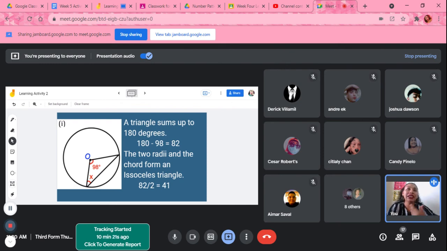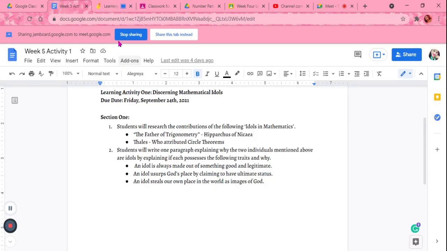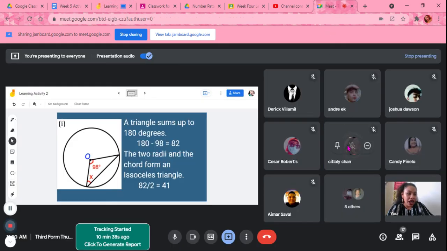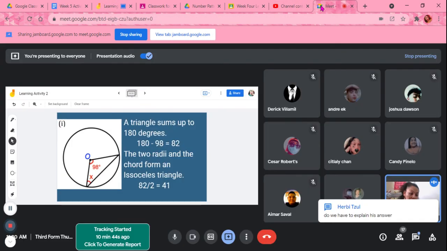Did that person say, I am the father of trigonometry and you have to praise me because of that? Yes or no? And then the last one says an idol steals our own place in the world as image of God. Do we have to explain the answers?